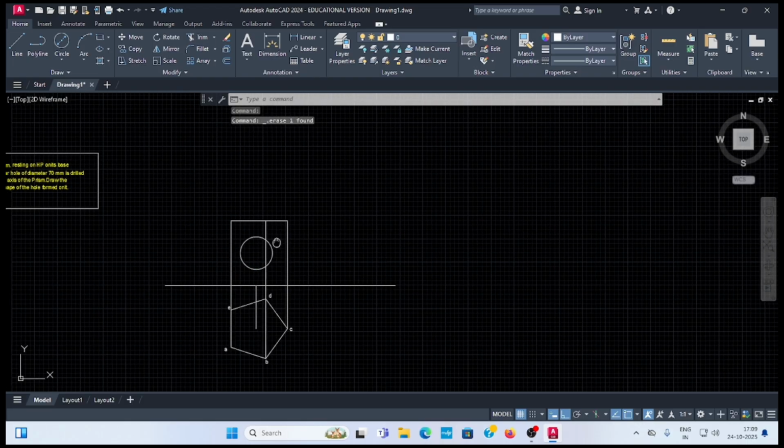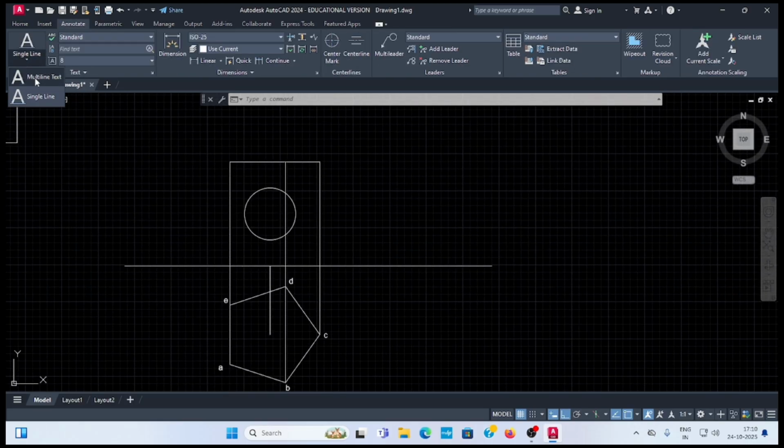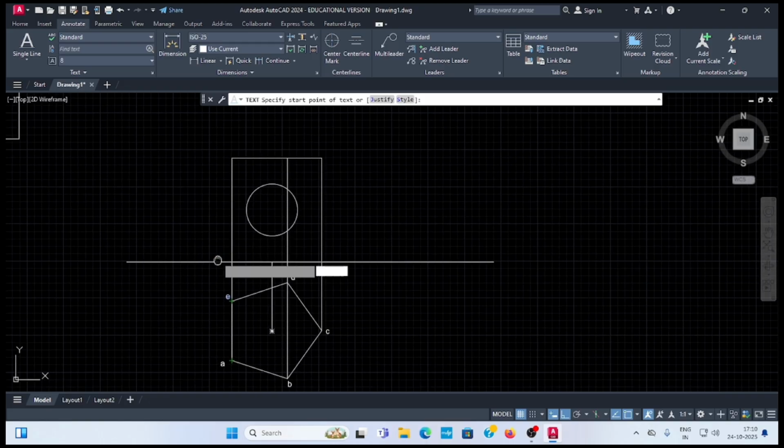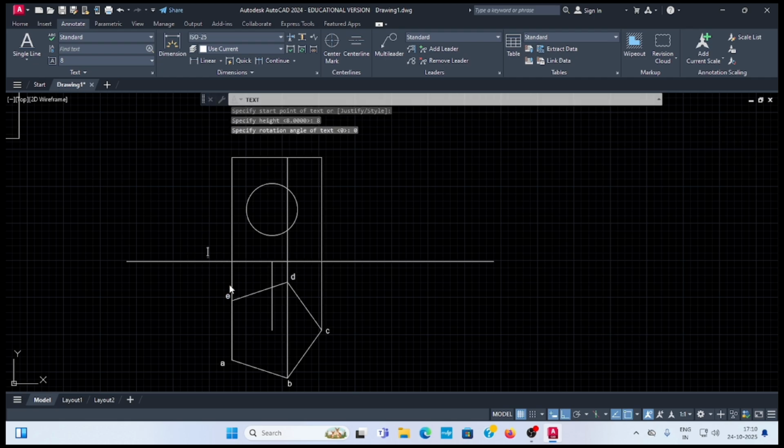Now go to annotate. Select single line text. Here also you give the naming. Letter height 8, enter, and 0, enter. A dash within bracket E dash.